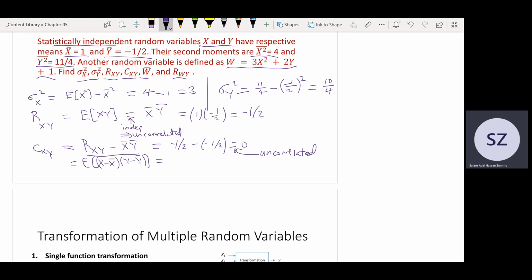And then simplify by opening up, which gives you R of xy minus x bar y bar plus x bar y bar minus 2, which will be equal to Rxy minus x bar. So even if you forget it, you can always go back and do it by understanding what the definition is, the equivalency.